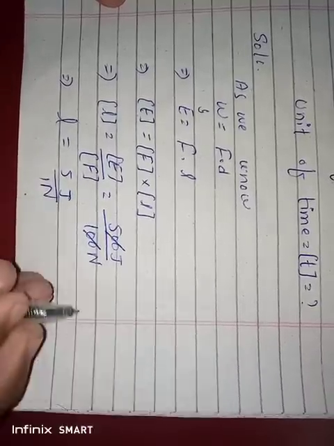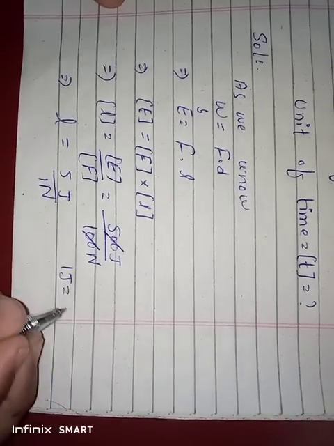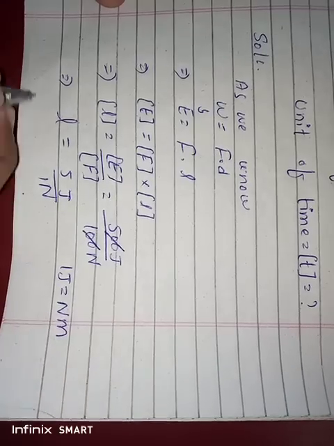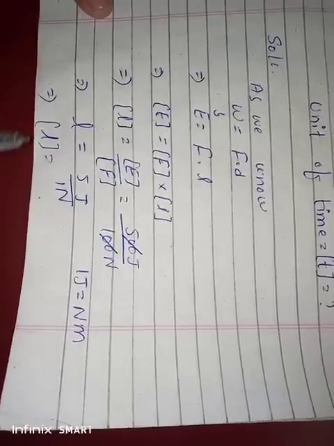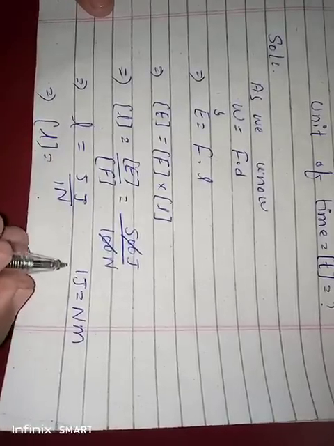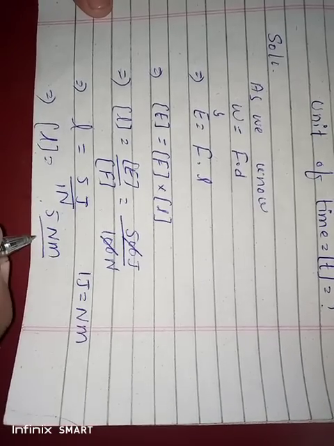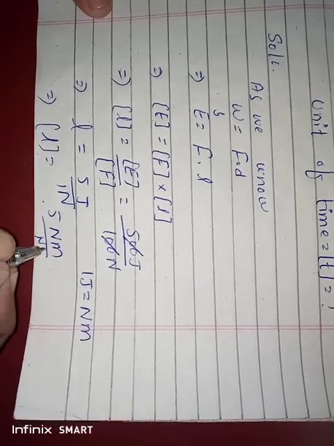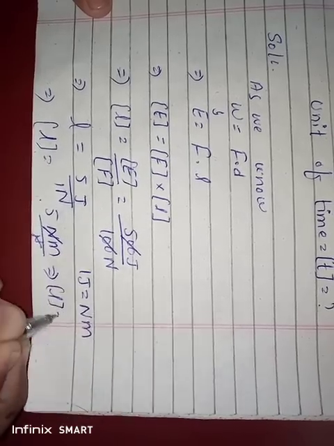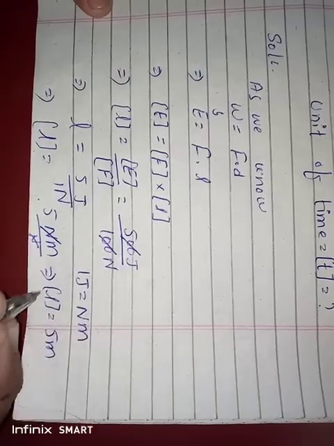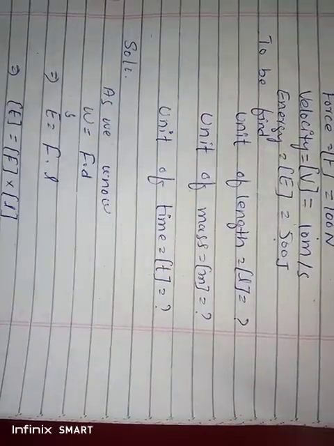We know that 1 joule is equal to Newton meter. According to this relation, L will be equal to 5 Newton meter divided by Newton. This Newton will cancel with this Newton, so length will be equal to 5 meter, which is the required answer for the unit of length.